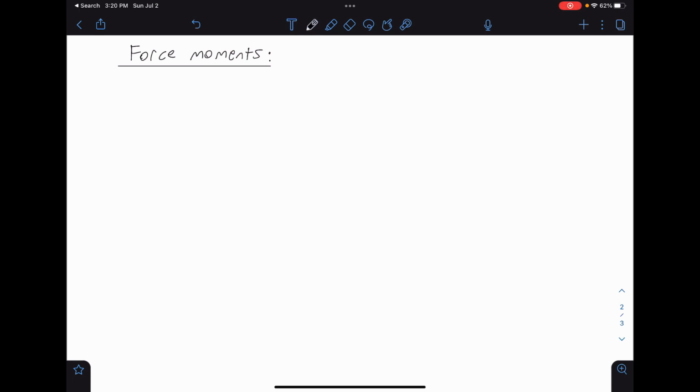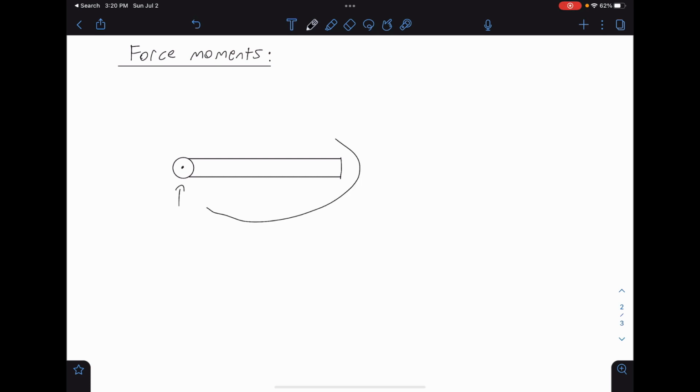So let's use a door as an example, right? And let's look at it from like a bird's eye view, right? This is the top of the door. So basically, we have a body here, and it can rotate because it's on a hinge, right? It's on a door hinge. So our door can rotate like this or back this way, right?